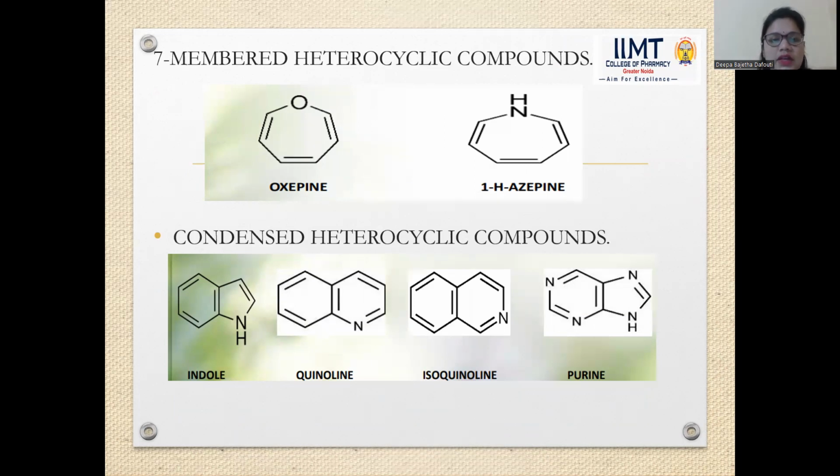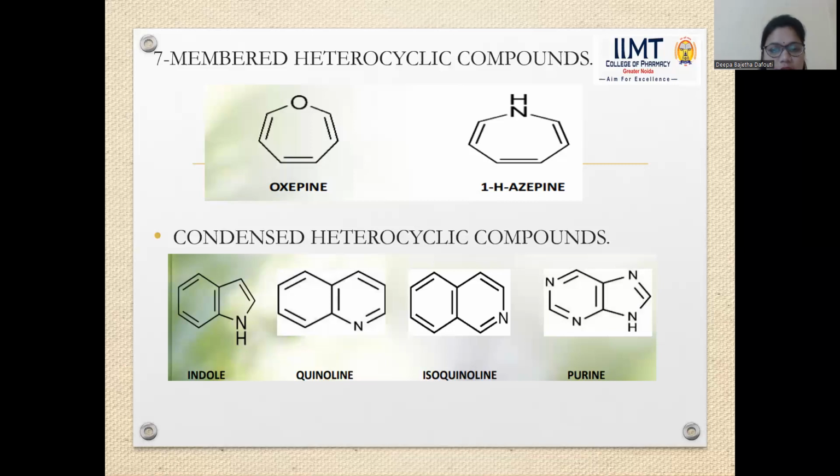And the last one is condensed heterocyclic compounds, in which an example is indole. Indole is a bicyclic structure consisting of a 6-membered benzene ring fused to a 5-membered pyrrole ring. Next is quinoline. Quinoline is the simplest member of the quinoline class of compounds, comprising a benzene ring ortho-fused to carbon 2 and carbon 3 of a pyridine ring.